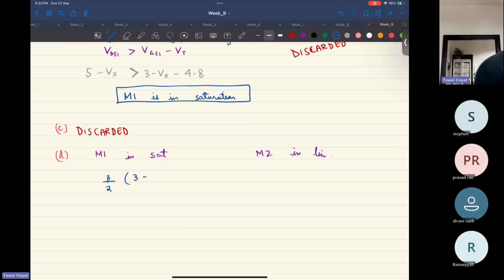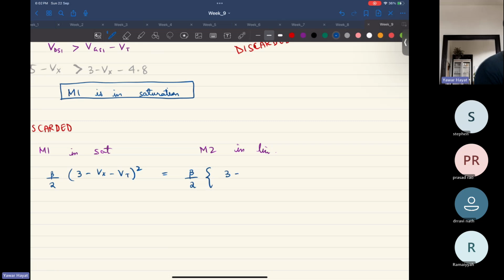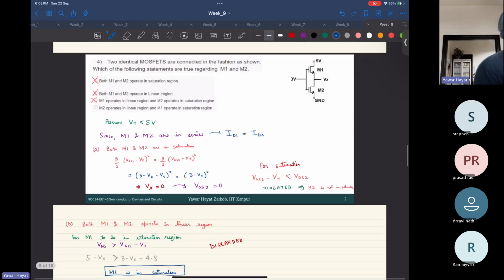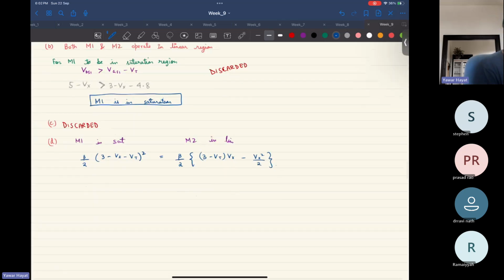So this is 3 minus Vx minus Vt squared, that is equal to beta by 2 times 3 minus Vt times Vx minus Vx square by 2, right? Because for M2, VDS is Vx, Vx minus 0 is Vx, that's why.